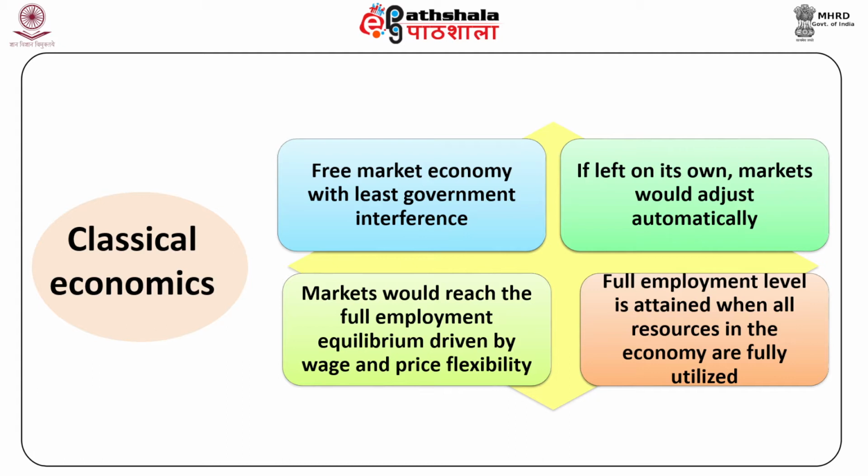They believed that if left on its own, markets would adjust automatically and reach the full employment equilibrium driven by wage and price flexibility. The full employment level is attained when all resources in the economy are fully utilized.